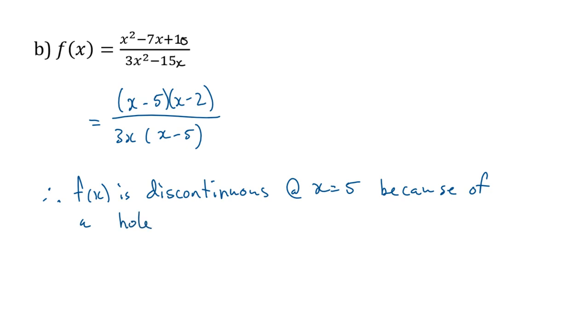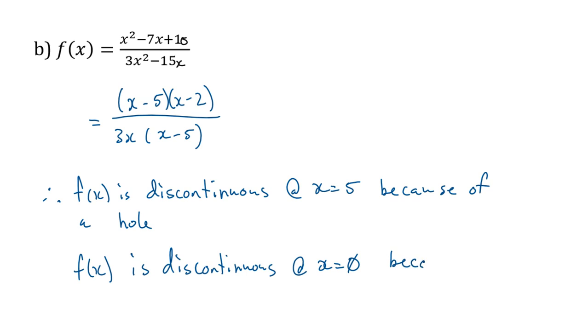And because, so what do we call that? Got it. And f at x is discontinuous at x equals 0 because of a vertical asymptote.